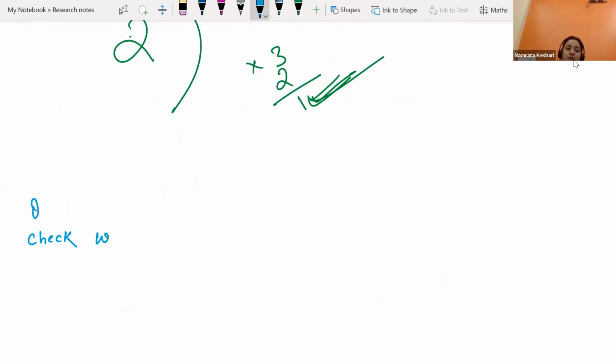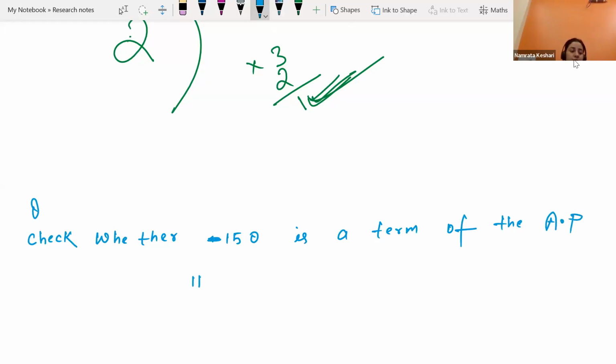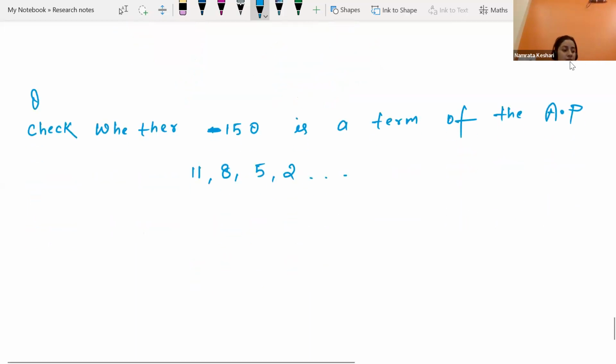Check whether minus 150 is a term of the AP 11, 8, 5, 2. Have we done this question, Zoha? No, right? No, we haven't.